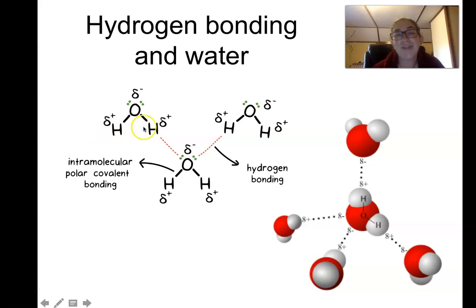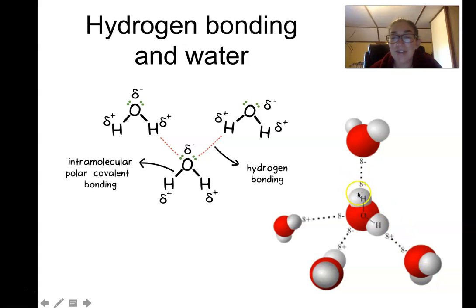So you have two hydrogen bond donors for every water molecule, two of these positively charged hydrogens, and you actually have two spots on that oxygen that can be attracted to hydrogens. So a single water molecule can actually have 4 hydrogen bonds with 4 other water molecules.